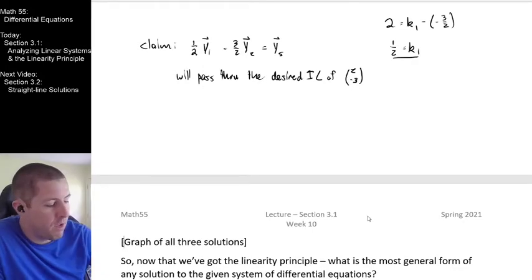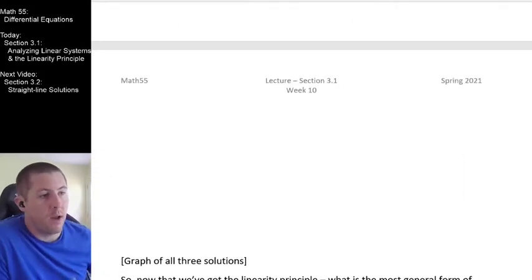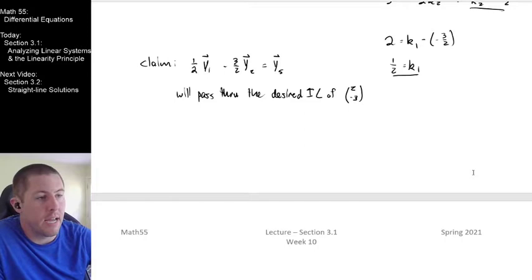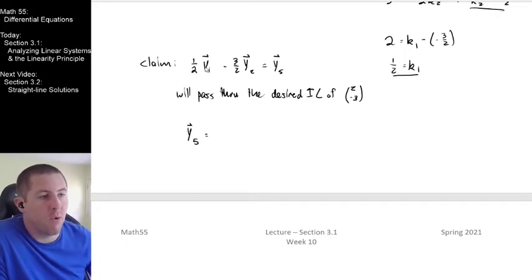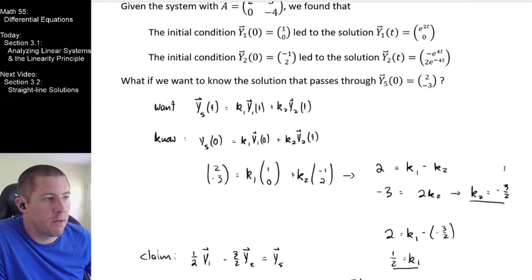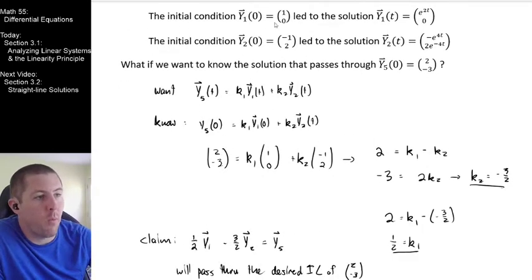So let's look at a graph of all three of these solutions right here, and we'll verify that this actually worked out in Desmos here. And by the way, I also, very importantly, because I want to be able to graph this in Desmos to confirm that it works here, Y5 should be 1/2 of what we got for Y1. So I've got to scroll up here. It's half of what we got for Y1.